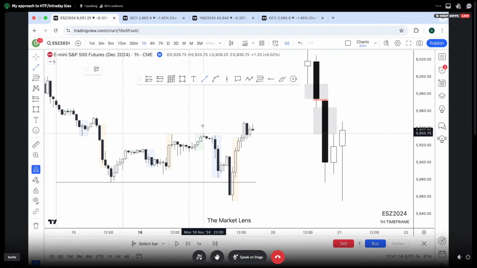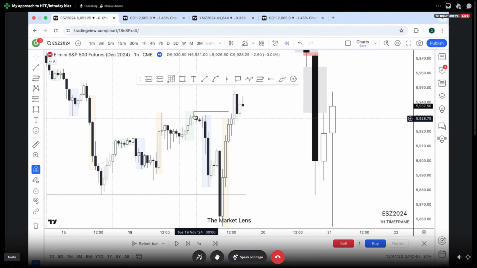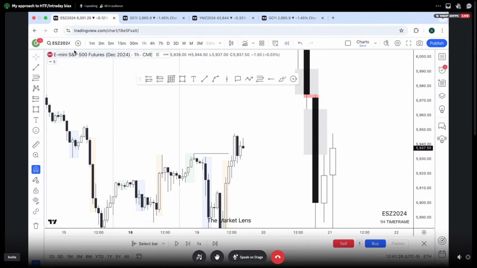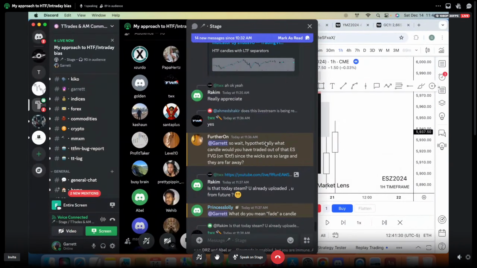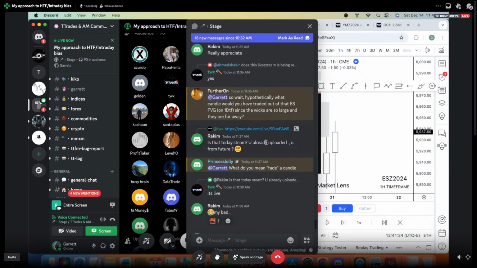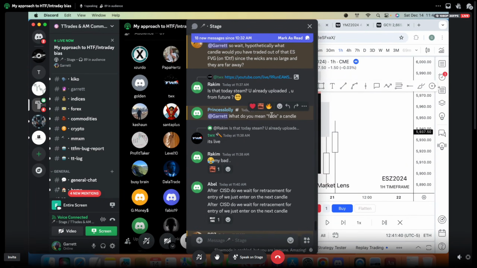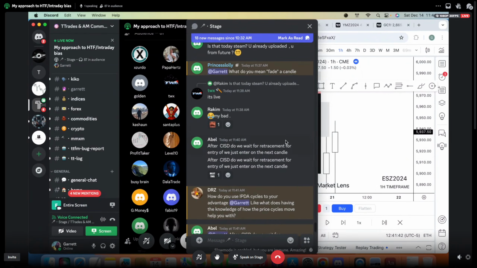Basically, you need to trade either back into the daily range or just target the day's high around the opening price, because we don't expect price to expand past the open. You know what I'm saying? There's a lot of logic that goes into open, high, low, close. I already went over this fade candle.